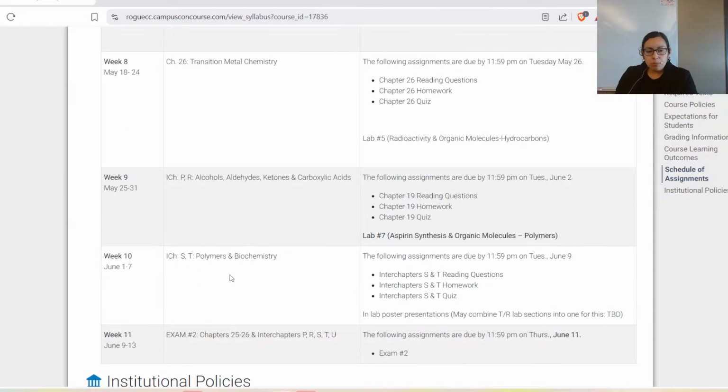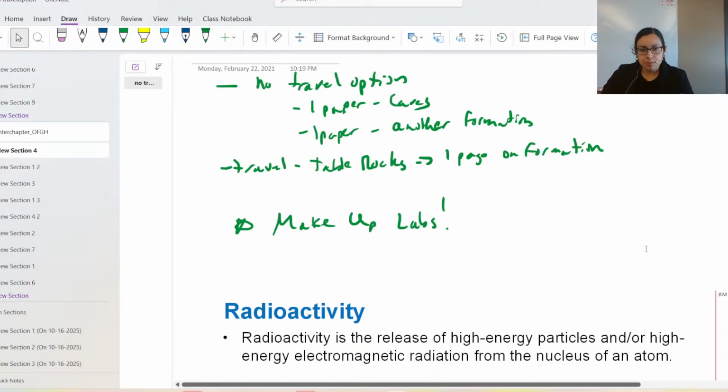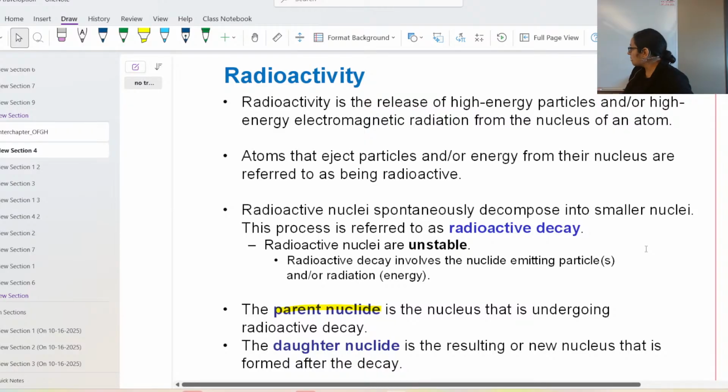And then the last week, we'll wrap up our organic chapter and transition to a taste of biochem and a little bit of polymers. So we're touching on our last bits of ideas for chemistry to prepare you for your future chemistry courses, hopefully.